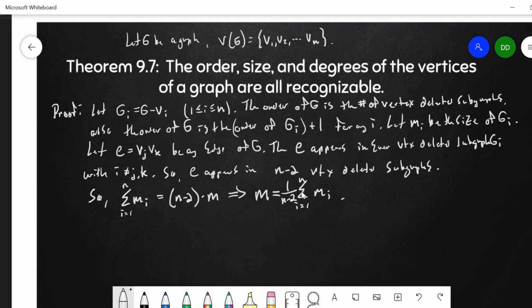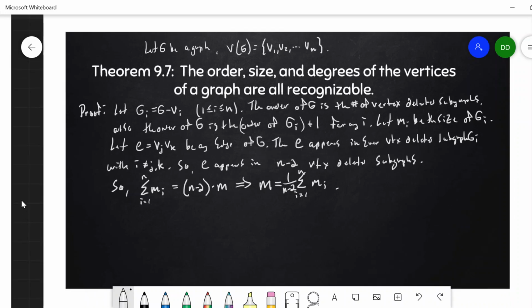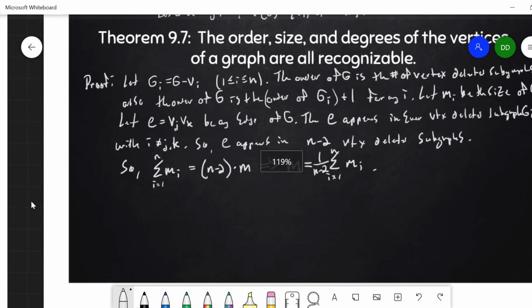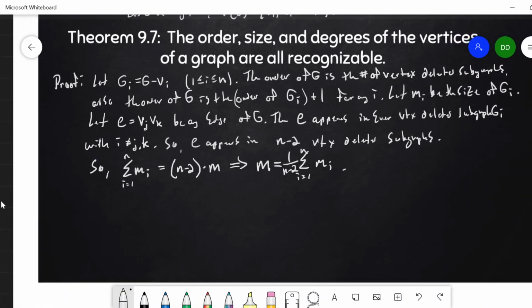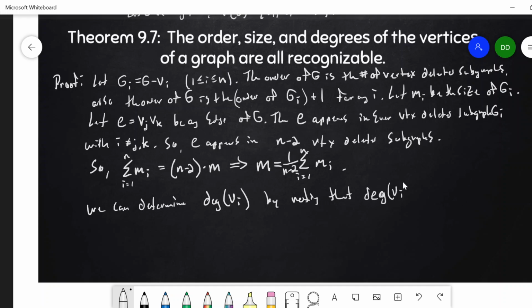All right, finally, the list of degrees. Now we can determine the degree of v sub i by noting the following.